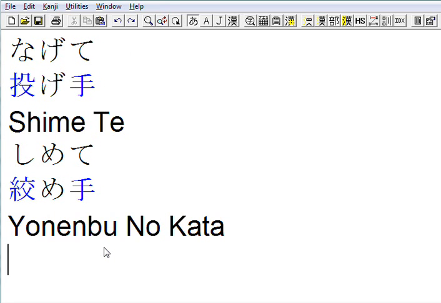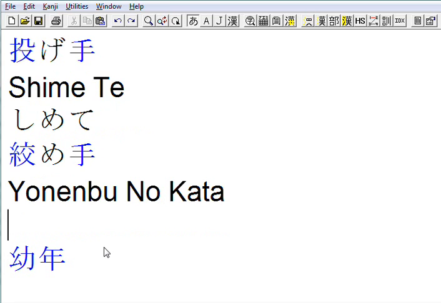So this one will say yonen. And I may get this wrong, so bear with me here. Yeah, I did. Okay, sorry about that. Now, actually, before we get into that, let me go up here and write in the correct hiragana, and that would be yo.